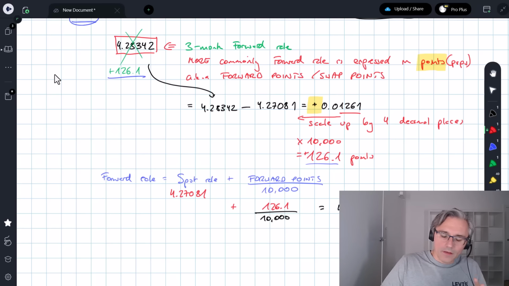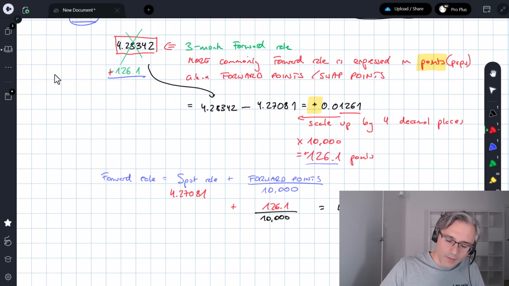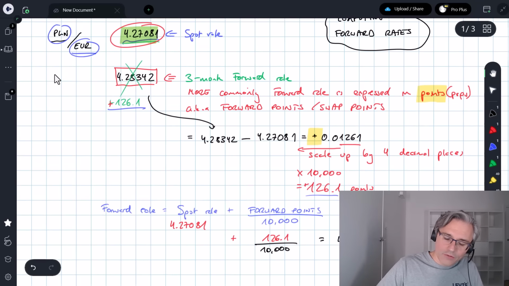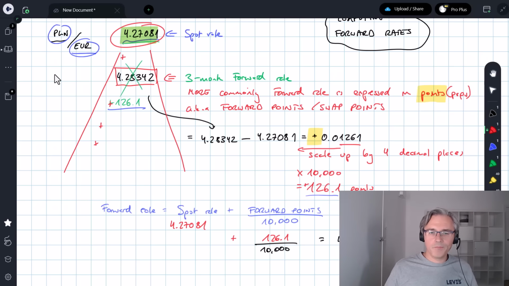Okay, this scale, or the number of swap points, the size of what you have to add or deduct, typically increases with maturity. So if that's the spot rate, the number of points you either have to add or deduct grows with maturity. That's how I chose to depict it.